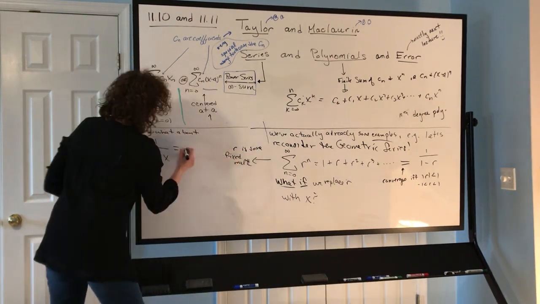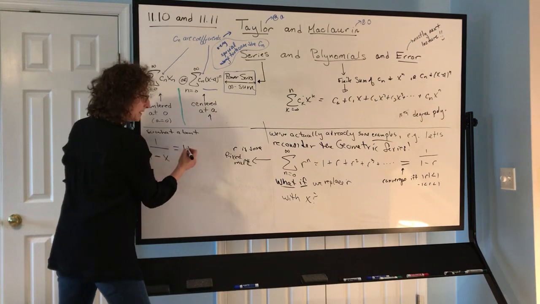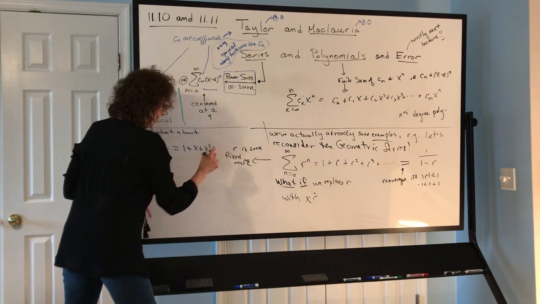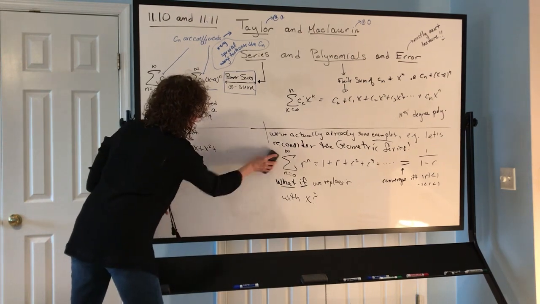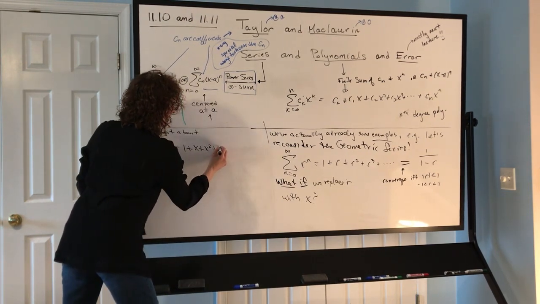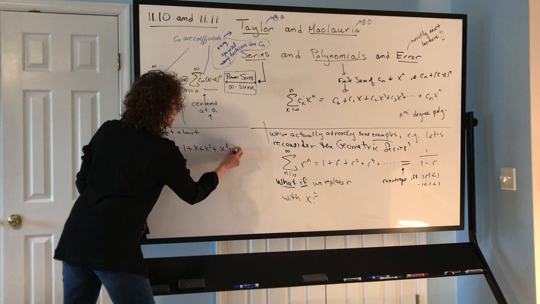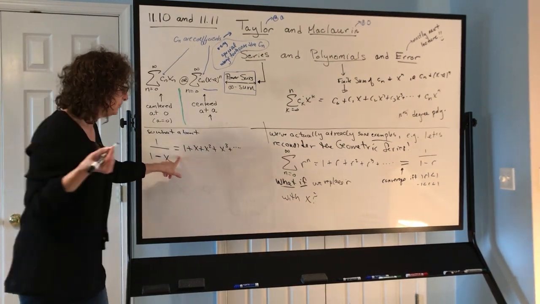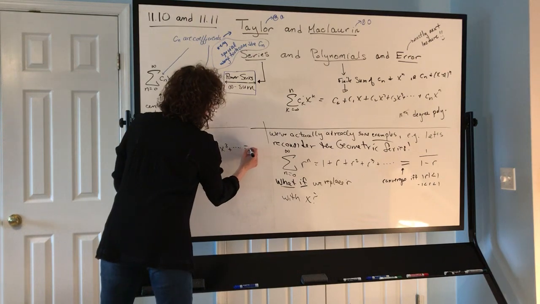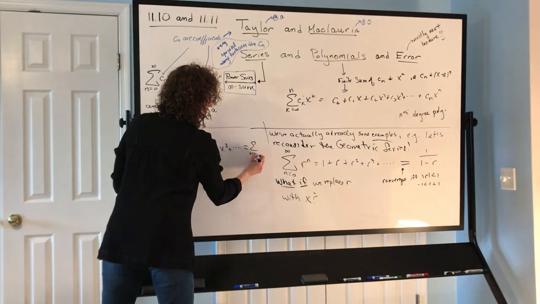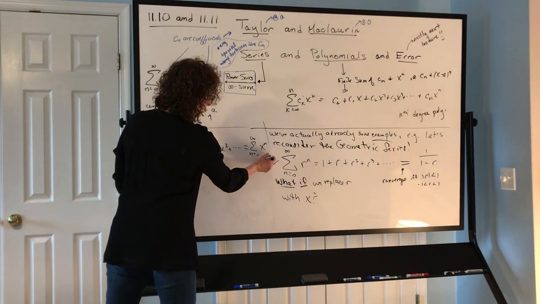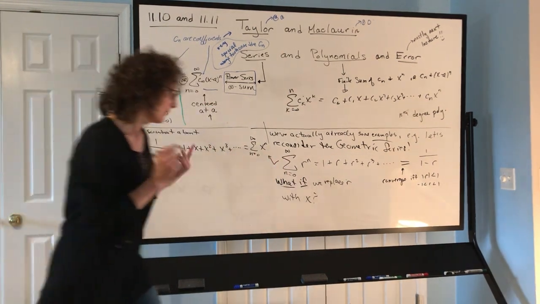Is it true that 1 over 1 minus x is equal to 1 plus x plus x squared plus x cubed, on and on forever? That's one of our questions, which is just the sum from n equals 0 to infinity of x to the n, replacing r with x. What is x?